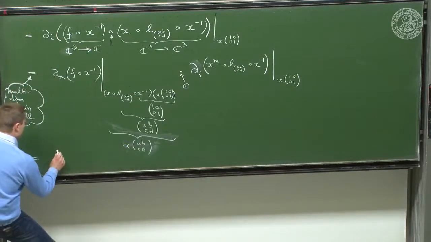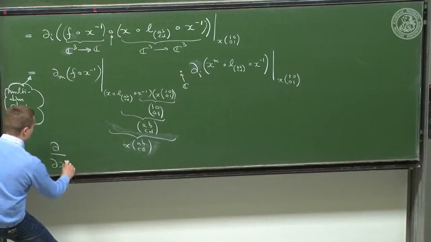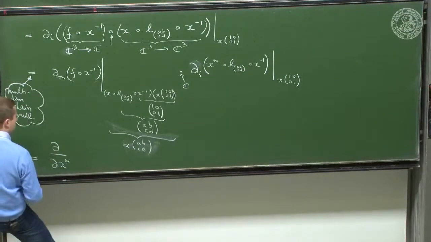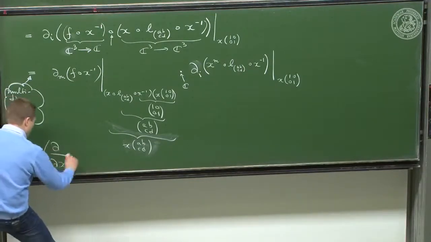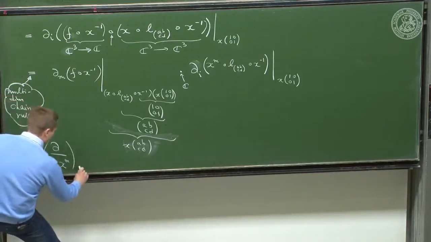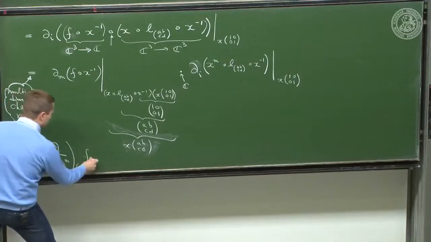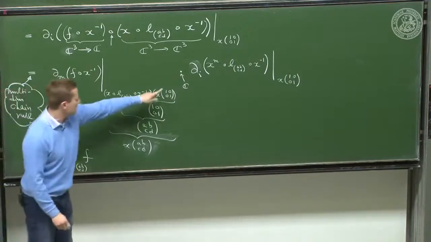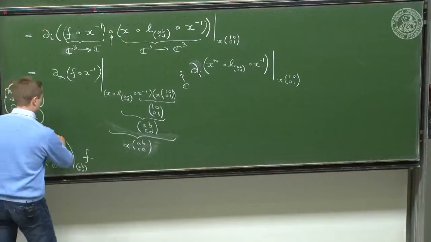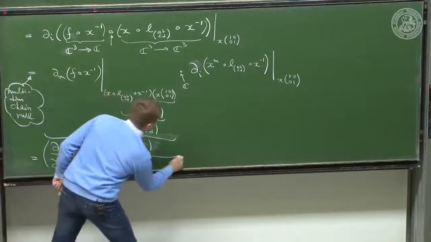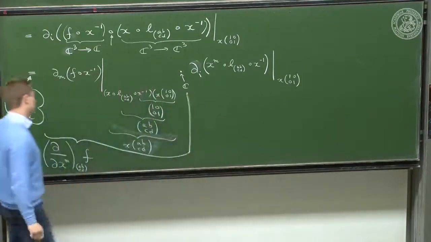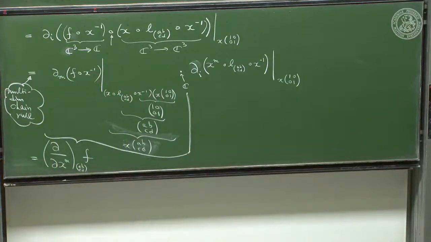Well, this is nothing but d by dx m at the point a, b, c, d acting on the function f. This is this first part. Do we agree? Up to here. This is this guy, right?